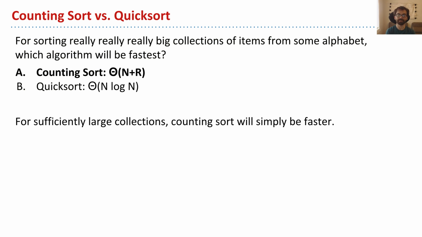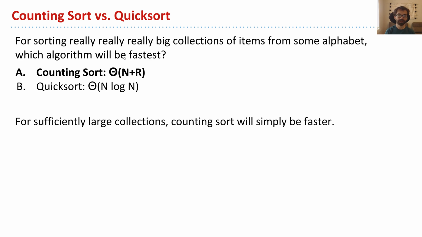Okay, it's just counting sort. So counting sort's runtime is n plus r, and Quicksort is n log n. And for sufficiently large collections, if we just eventually have a big enough n, counting sort will simply be faster. Even sorting integers, even though r is a really big number, if n is much, much bigger than the set of integers, well then counting sort is going to be the winning choice.